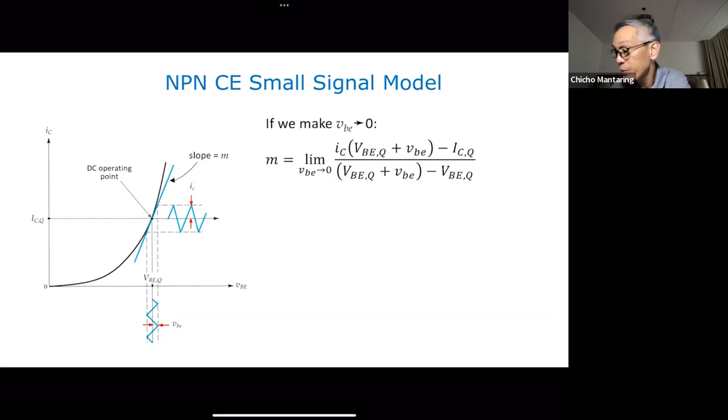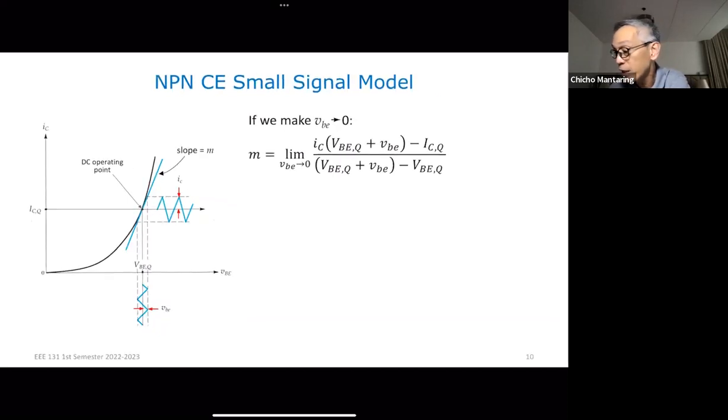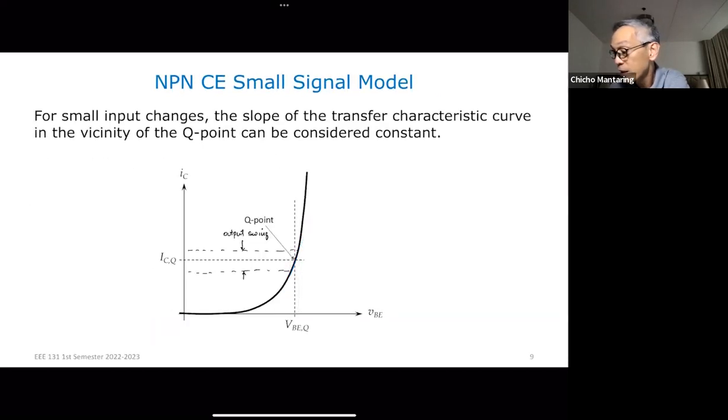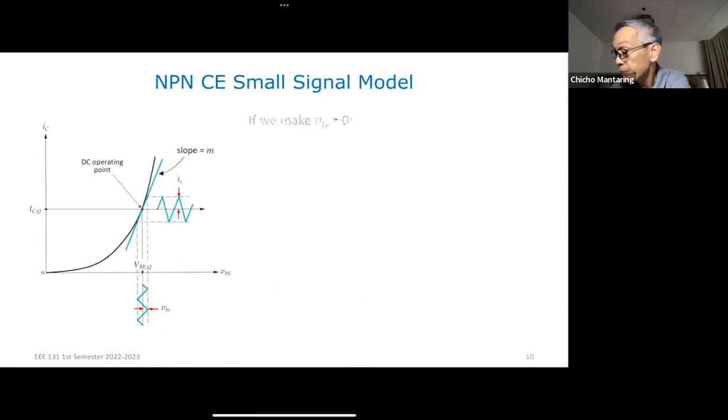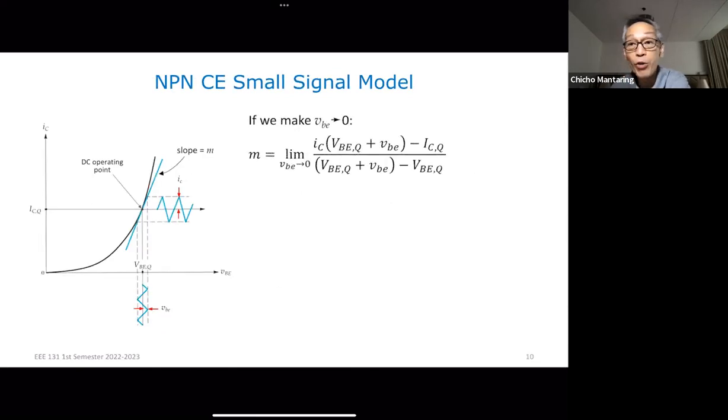Remember what I mentioned earlier. Therefore, I'm not going to call it a derivative, I'm going to call it a partial derivative. M is actually the partial derivative of IC with respect to VBE evaluated at VBE equal to VBEQ, or evaluated at my operating point.